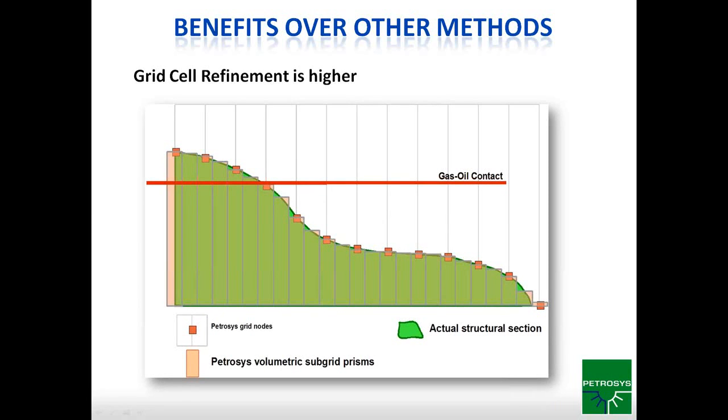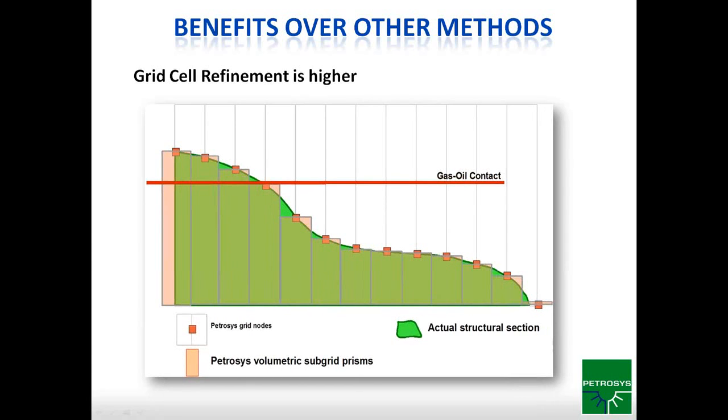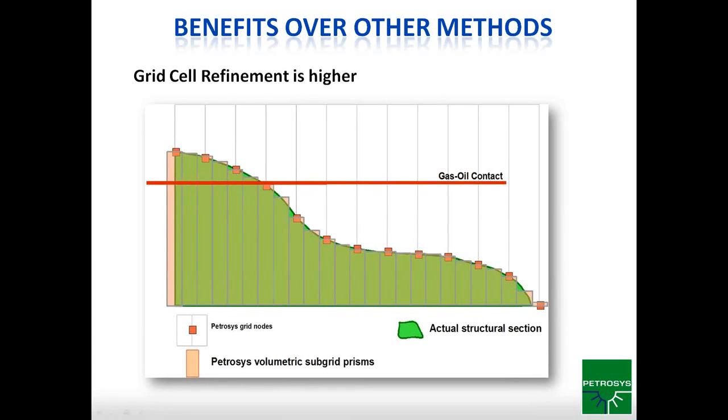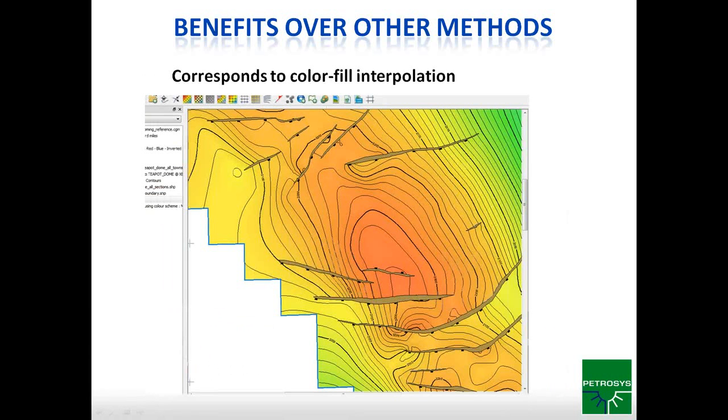However, the results of previous runs with larger subgrid cell sizes are retained, so when you run additional volumes at more and more refined levels, it'll be a lot faster because you have the information from the previous run.